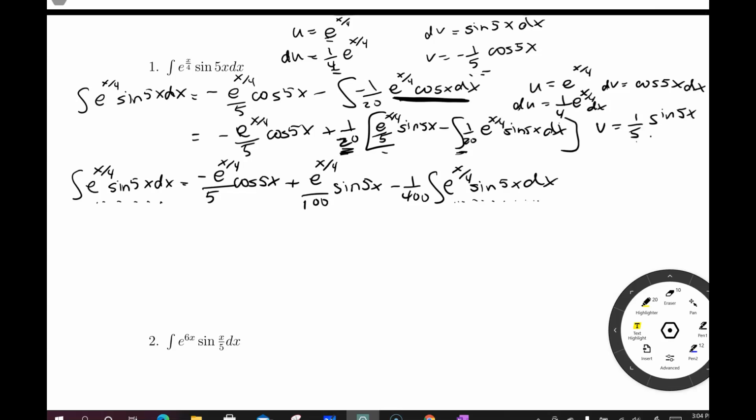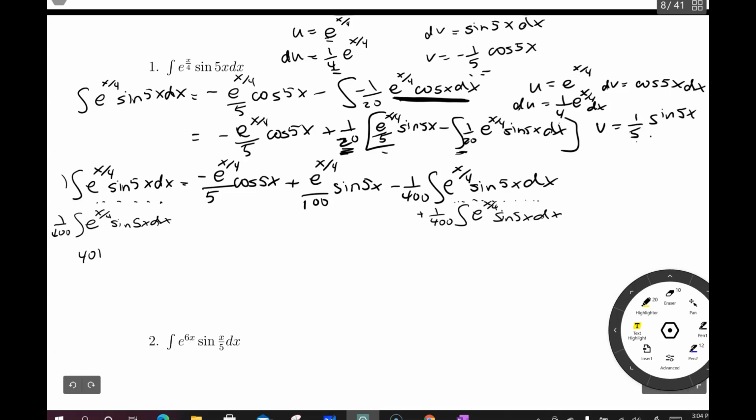Okay. So I'm going to add 1 over 400 of this integral to both sides. So I can get all of the integrals that I'm trying to solve for on the left-hand side. Okay, so that's a 1. So that's 400 over 400.